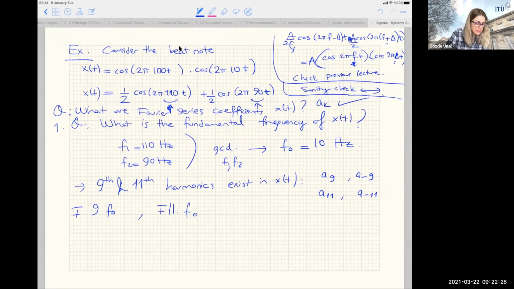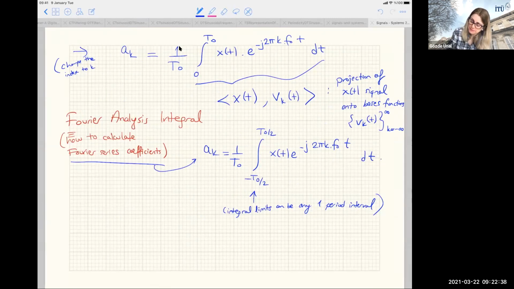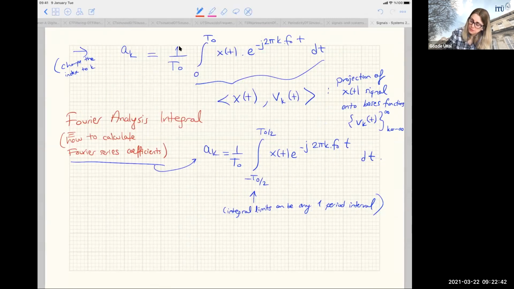Now we need to find the coefficients. Normally we use this Fourier analysis integral, but for a cosine and sine signal, guys, it is just simple to read it, right? Please don't go to the integral for sinusoids, okay?